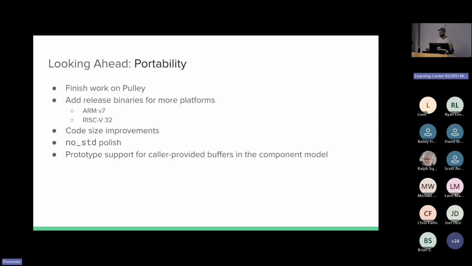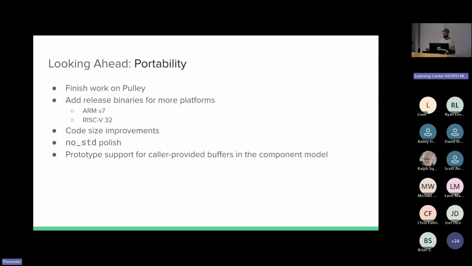We could work on code size improvements for Wasmtime. It's something that no one has really worked on because no one's had the use case. No one who's using Wasmtime in production has had the use case of wanting a small Wasmtime binary. But there's lots of low-hanging fruit if there were interested parties.